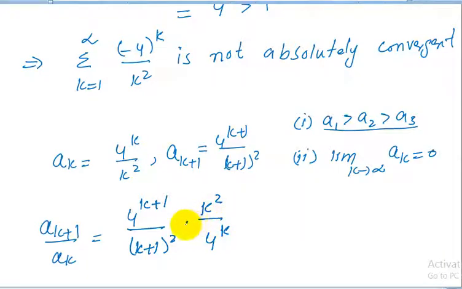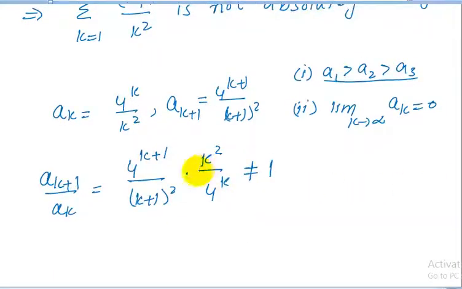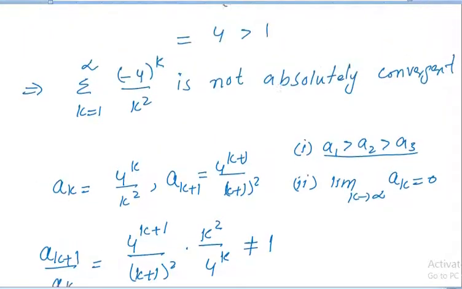Now this ratio is not less than 1, because for k equal to 1, 2, 3 it is not less than 1. This implies the series is not a decreasing series, or the associated sequence of this series is not a decreasing sequence.